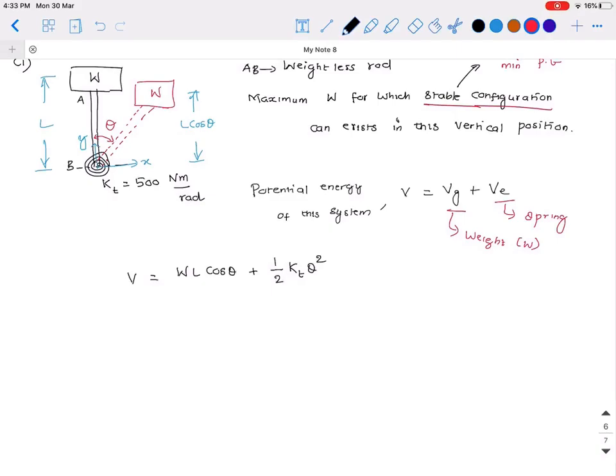For equilibrium, dV by d theta is 0, which implies that kT theta minus W L sin theta is 0.